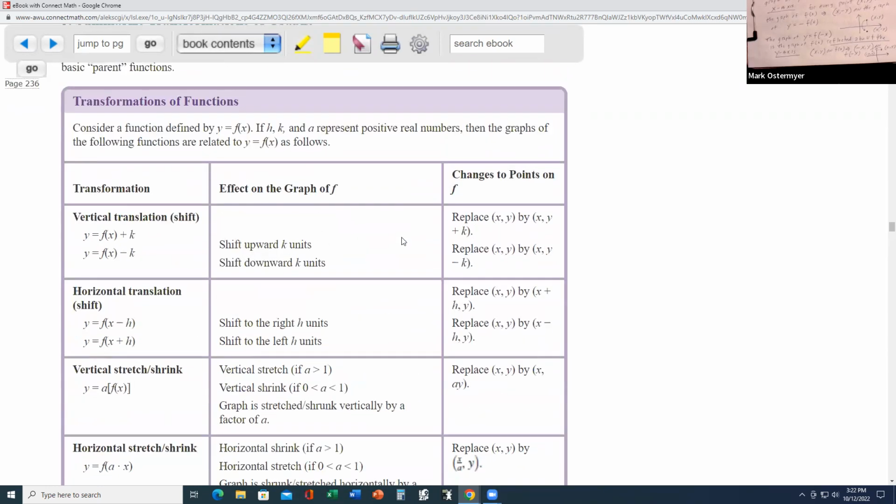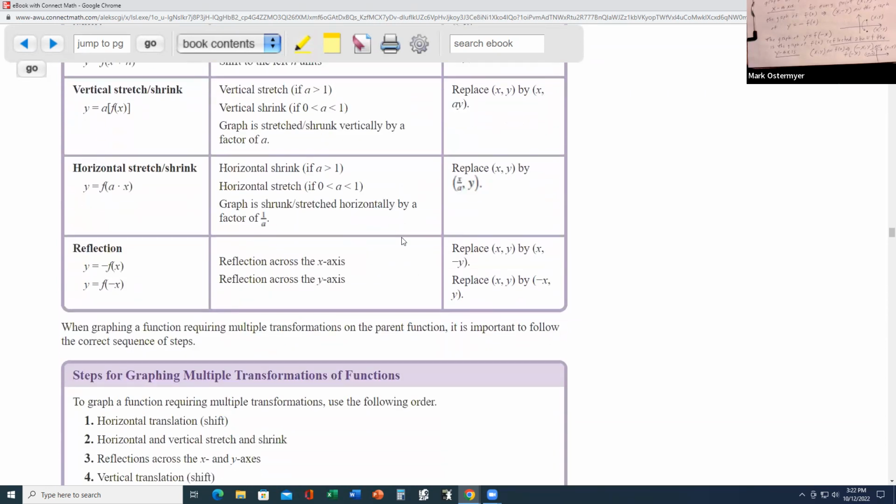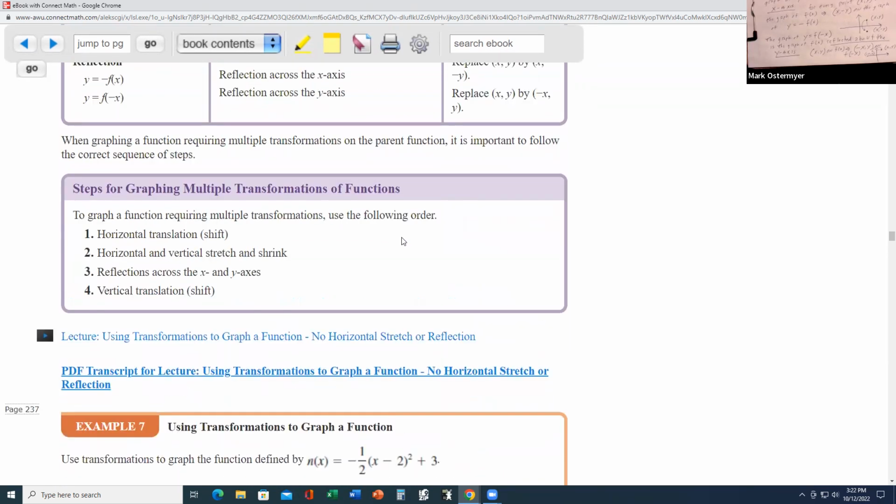All right. What if we have a whole bunch of transformations that occur with a function instead of just one at a time? Well, if we have a whole bunch of them, this table at the bottom of page 236, think of it as being kind of like the order of transformations, just like we have the order of operations in math.